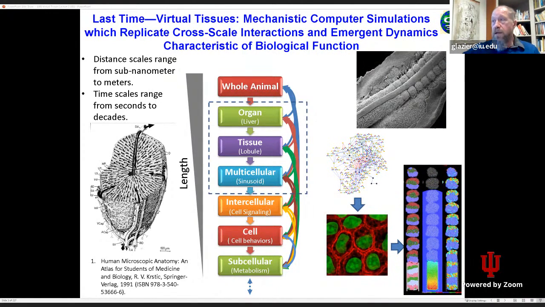But later on, we're going to introduce the idea of gene regulatory networks and signaling networks within cells so that the cells can have more intelligent responses to their environment. There are other modeling methodologies that go to smaller and larger scales. We're working at this mesoscopic scale of multicellular organization.